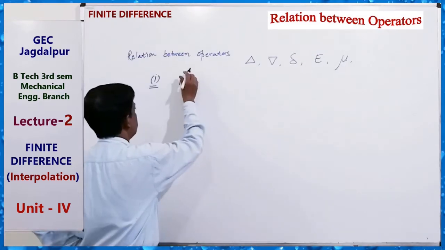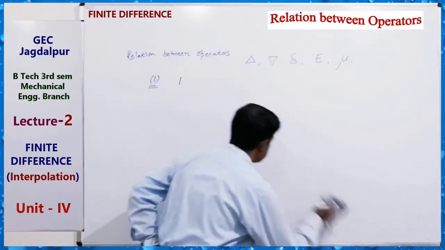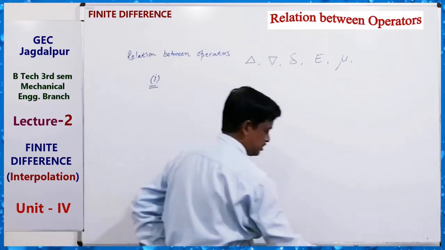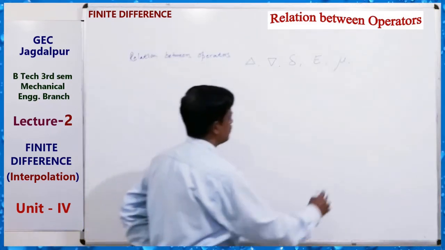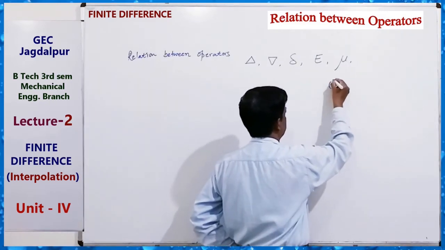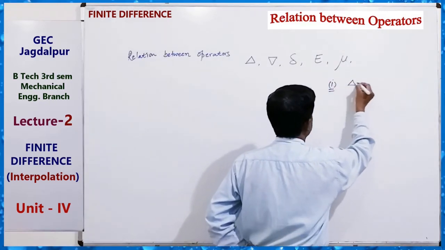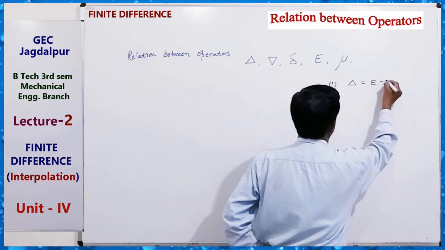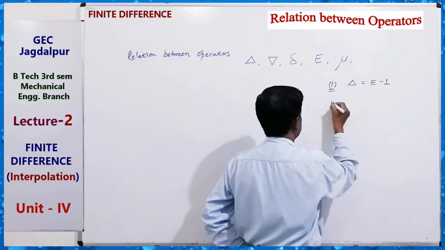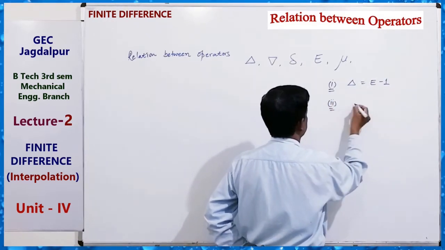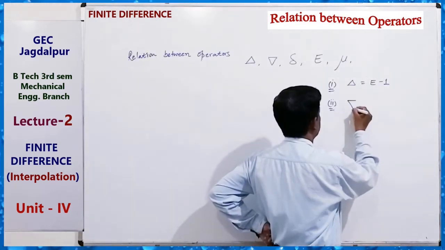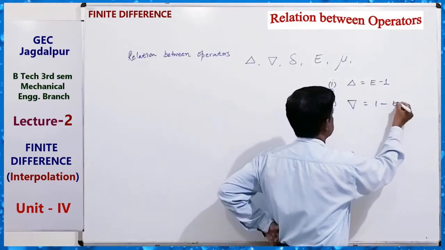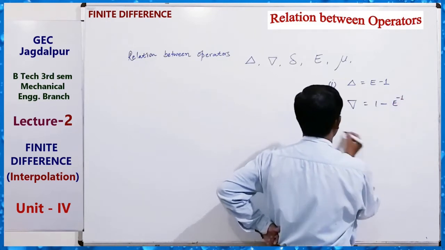Just write all the relations one by one. First, forward del equals to E minus 1. Second is backward del equals to 1 minus E inverse.